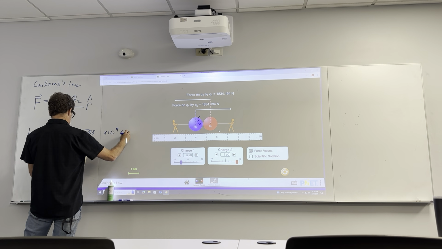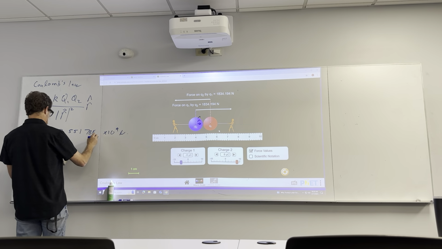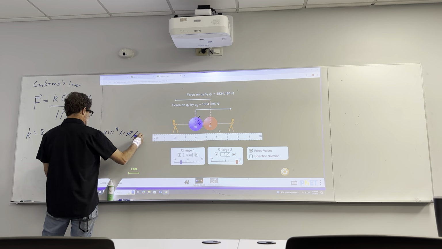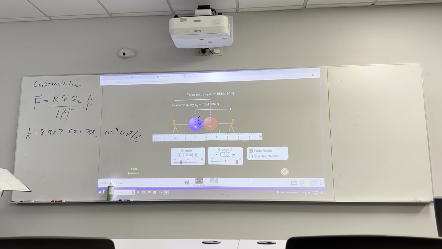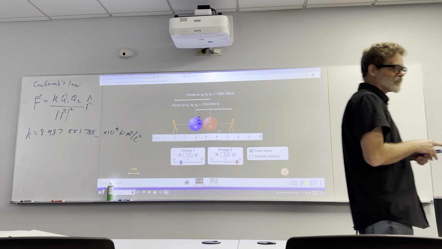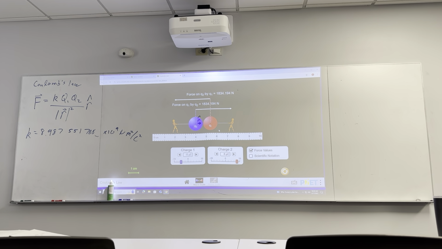That's Coulomb's constant, and he discovered this force.